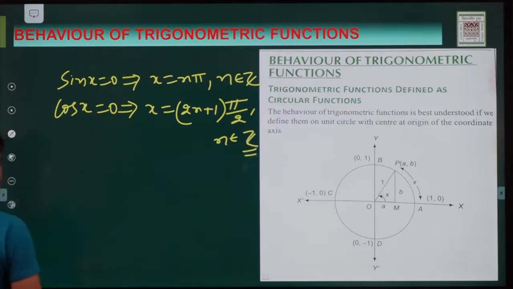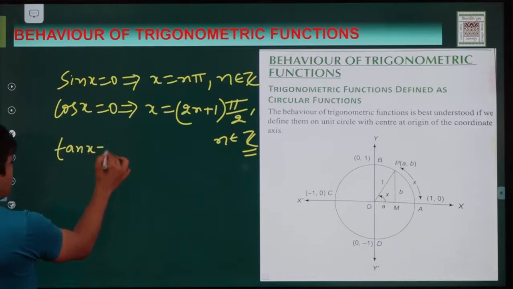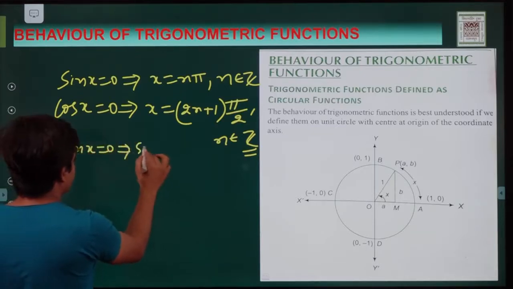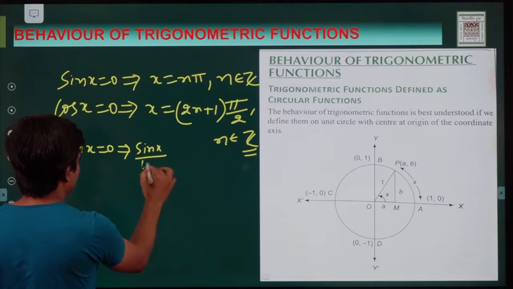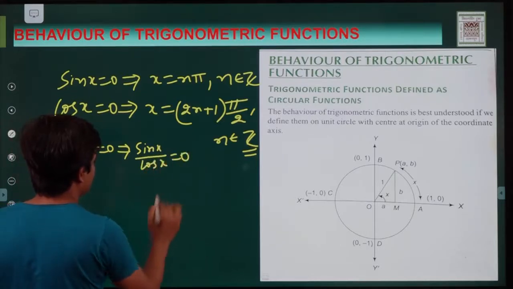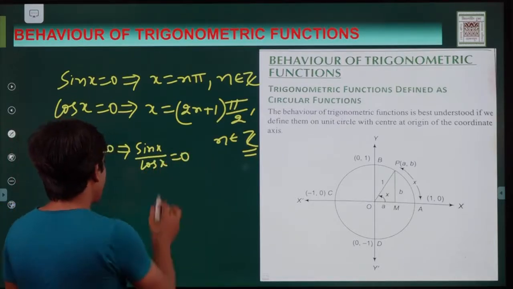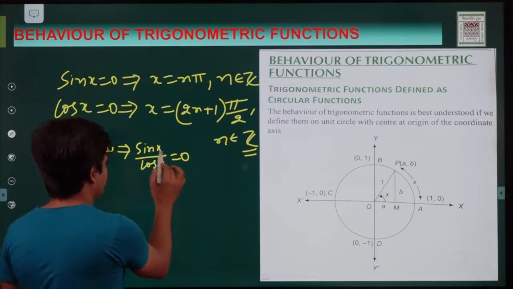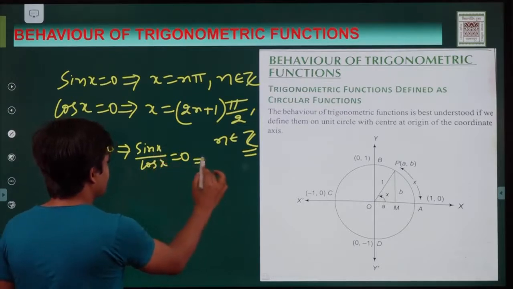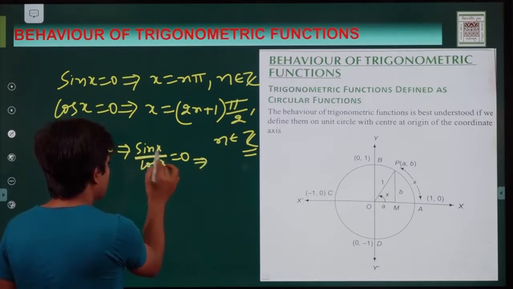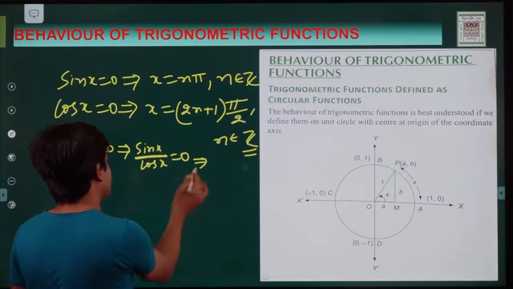Okay. So what about tan x is equal to 0? Certainly it will be sin x by cos x is equal to 0. And this denominator should not be equal to 0, but yes, in each case this sin x should be 0.